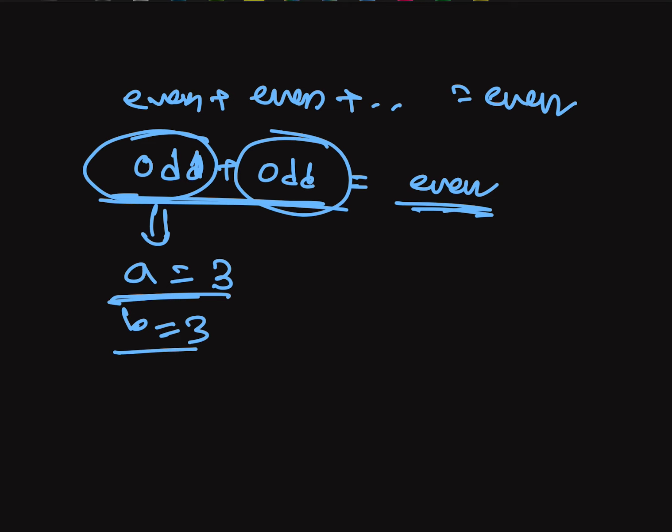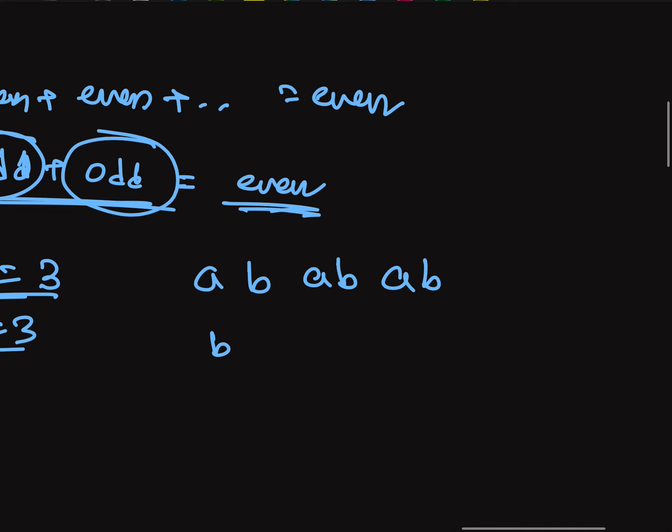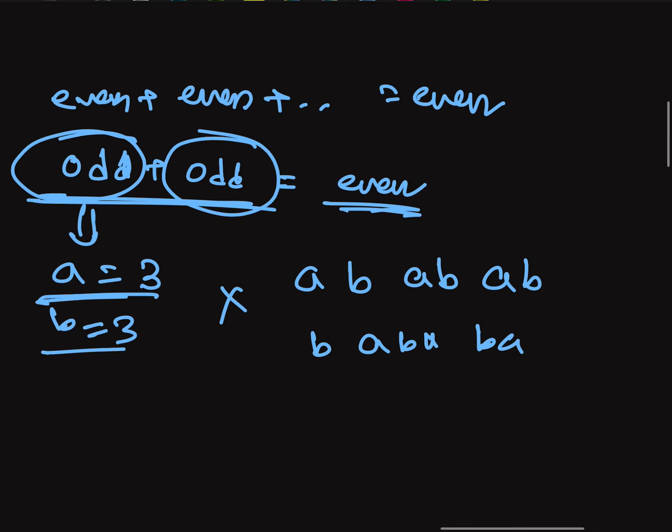Suppose A is present thrice, and B is placed here. If we reverse this, it will be BA. Both are not equal, so this is not a palindrome. You can take any example of this situation, where the frequency of each character is odd.